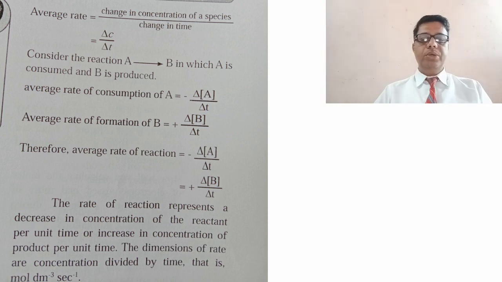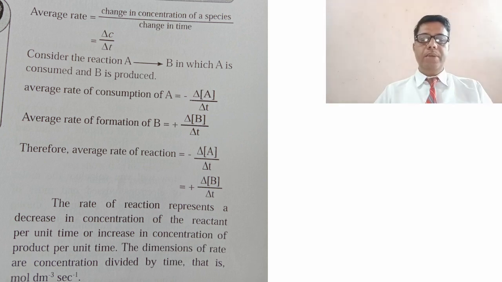First, the average rate of consumption of A is equal to minus delta A upon delta T. Here the A in brackets represents the concentration of A. Second, the average rate of formation or production of B is equal to plus delta B upon delta T.